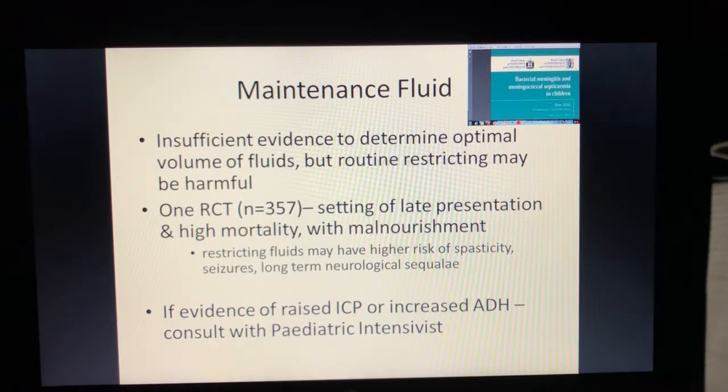So although there's no clear evidence to suggest that maintenance is better, there is a trend towards that, particularly in low-income countries where children are likely to be sicker and where malnourishment is an issue. It may well be that we get away with being able to restrict children who don't have hyponatremia because they're not malnourished and because they don't present as late and don't have as high a mortality.